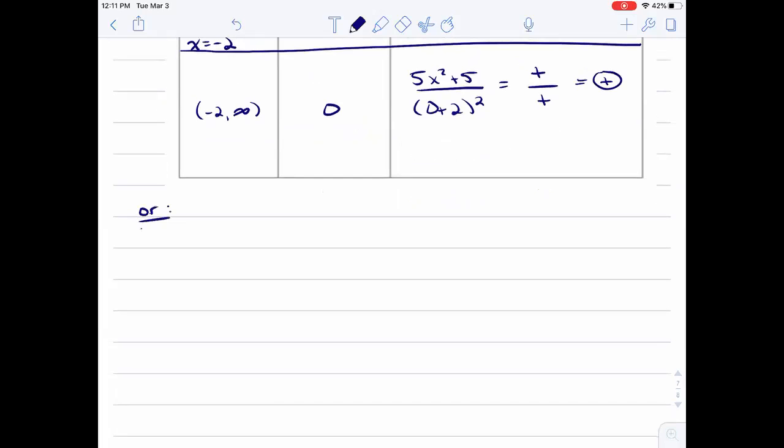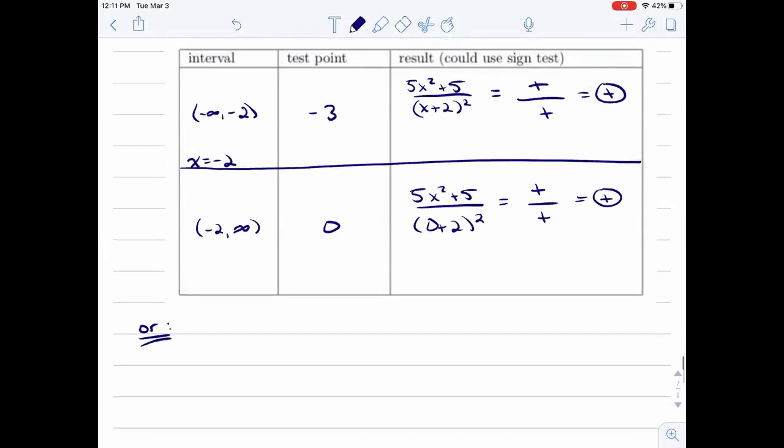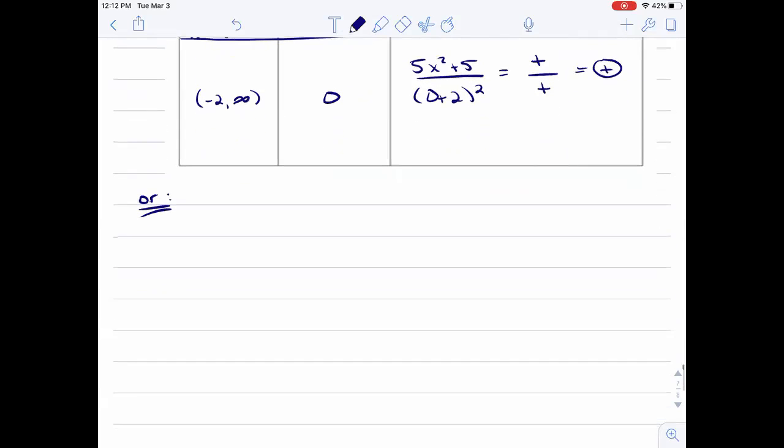Or how we've been doing it: if you want to, you can just ignore this table, because I actually don't find it very useful. I don't really like mapping it out like this. We've got a number line here, and at -2, that's our vertical asymptote.